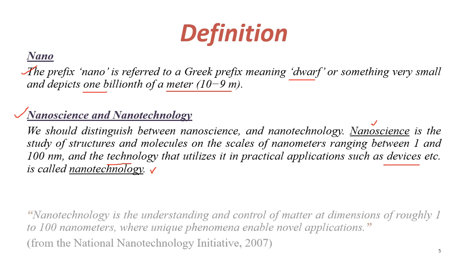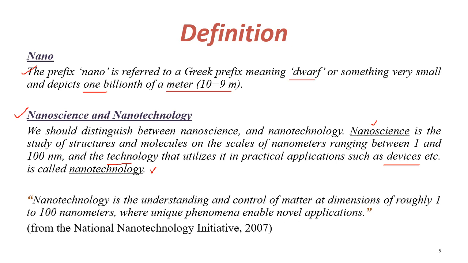In the year 2007, the US government formed the National Nanotechnology Initiative. They came up with this definition, which states that nanotechnology is understanding and controlling of matter at dimensions of roughly 1 to 100 nanometers, where unique phenomena enable novel applications.